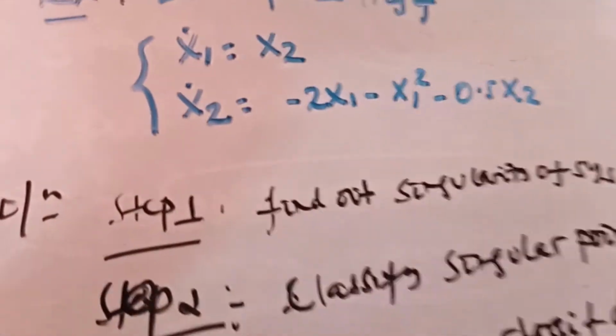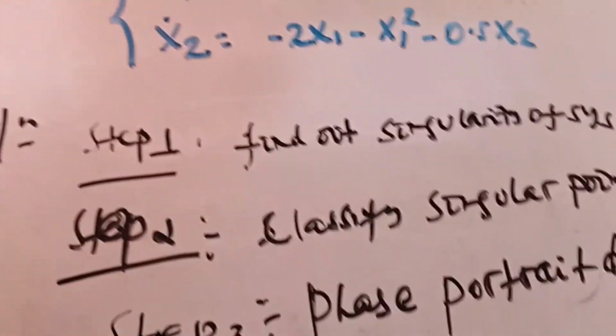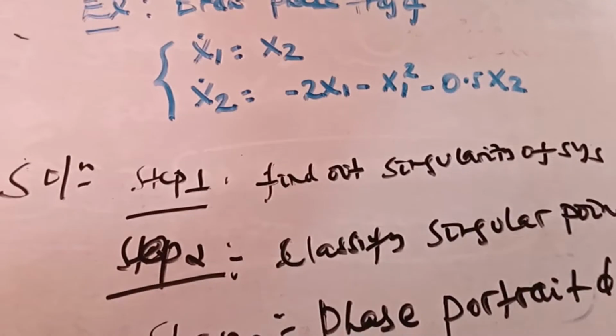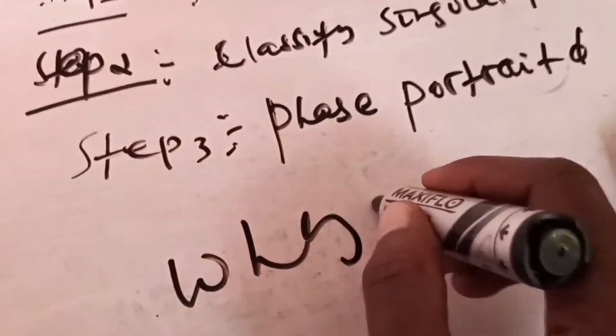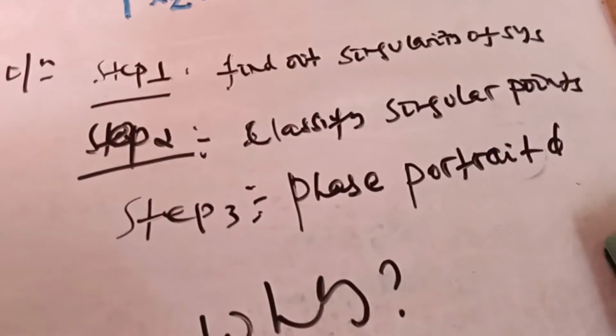By the way, as an engineer, we have to know why we are solving such kind of nonlinear system. We have to answer this question because this is a numerical value, this is mathematics. Simply computing that value is meaningless for us.